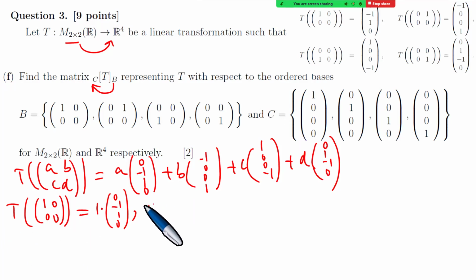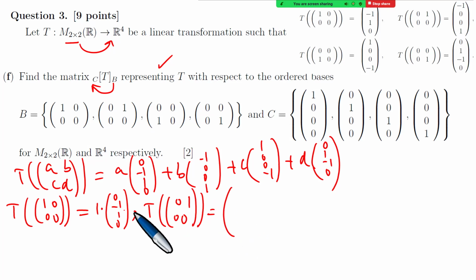So the next one is we started with the 1, 0, 0, 0. This is how we do matrix representations in general. You look at all the images when T acts on the basis vectors. So it acts on this one and you get this image. It acts on this one, which is 0, 1, 0, 0, and you get the image.